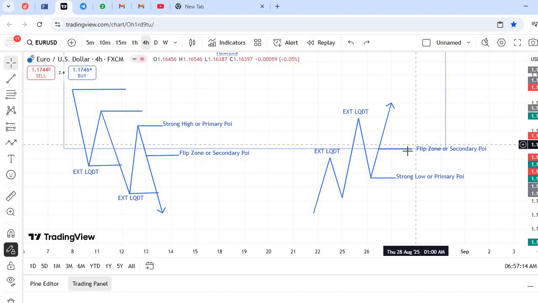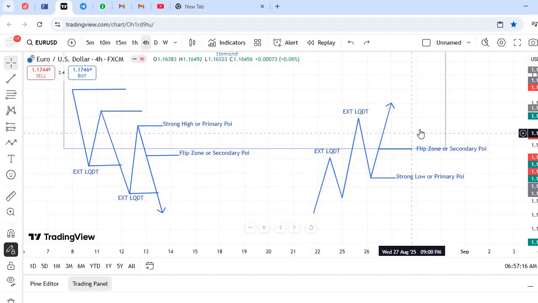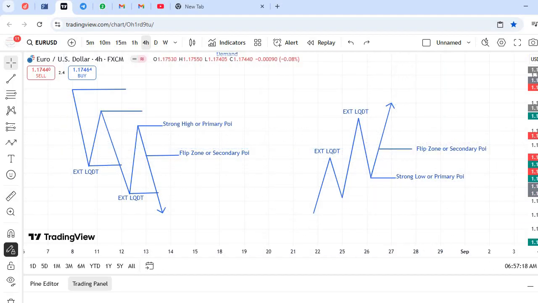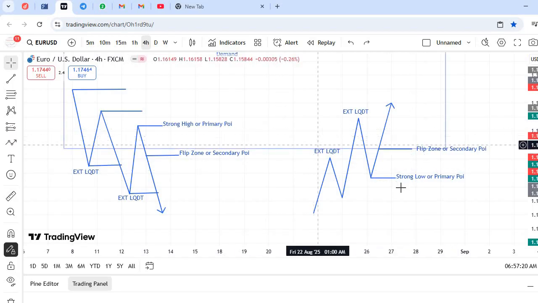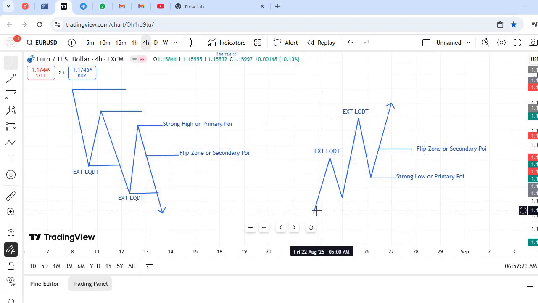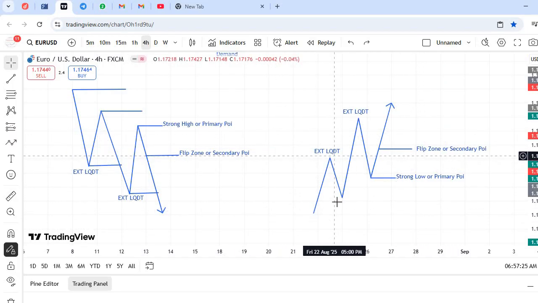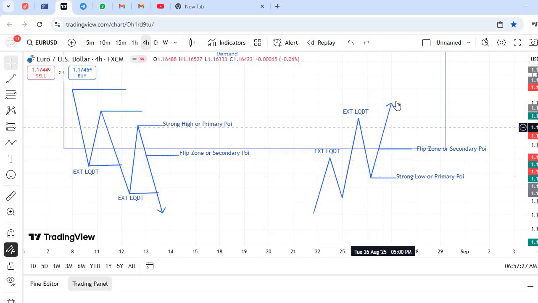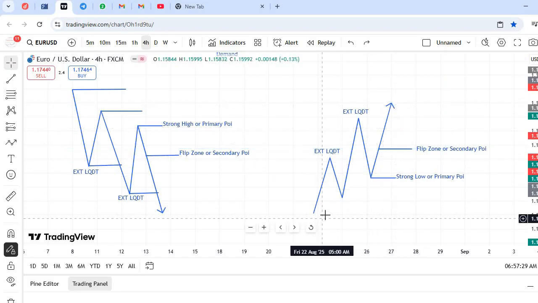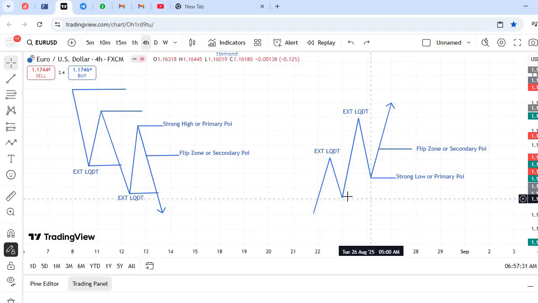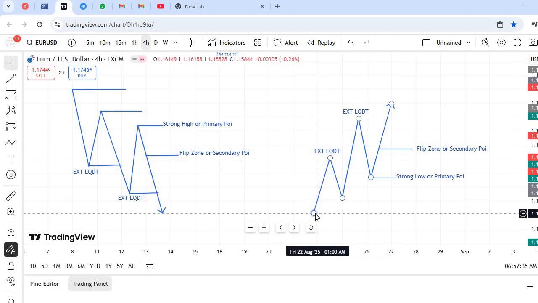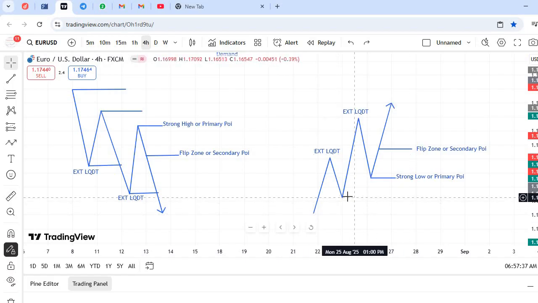Understand? And that's the same thing for an uptrend too. Now if you look at the uptrend, we see that we have impulse, correction, impulse, correction, impulse. Can you see? So now in an uptrend, the lows sustain the trend. This low sustains the trend.